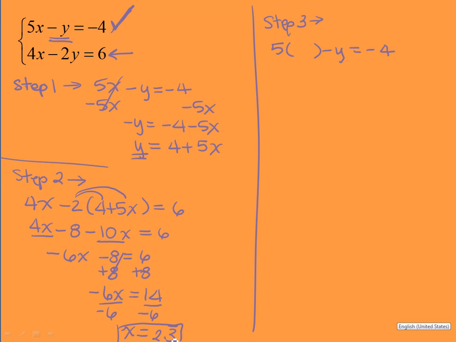So I put that 2.3 back in. 5 times 2.3 is going to be 10.6. I'm going to subtract 10.6 from both sides. So it's negative 14.6. And then we've got to change the sign because we don't want it to be a negative y. So it's going to be y equals positive 14.6.